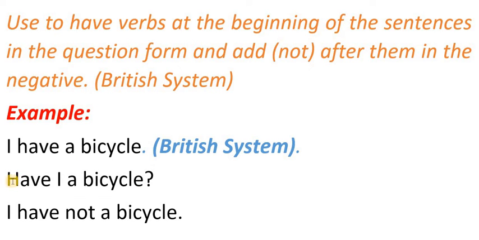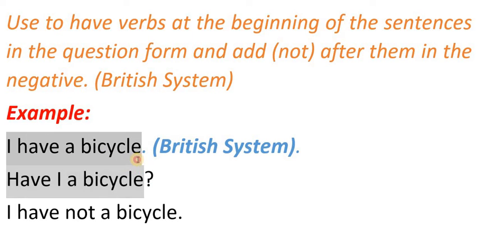As in the following example, we've used the to have verb at the beginning to make a question sentence. As you can see, there is a question mark. So, have I a bicycle? Have I a bicycle? This sentence is related to the British system. In British English we use a sentence like this for asking a question.